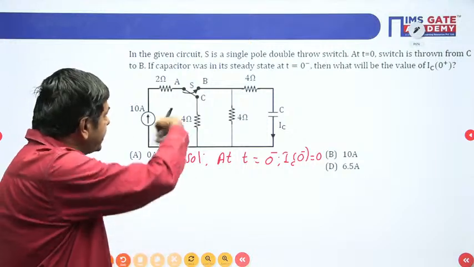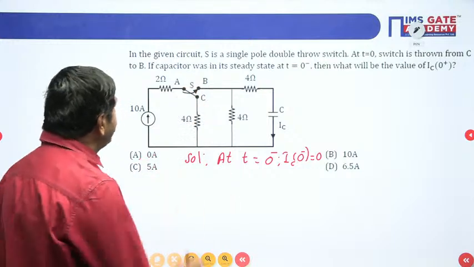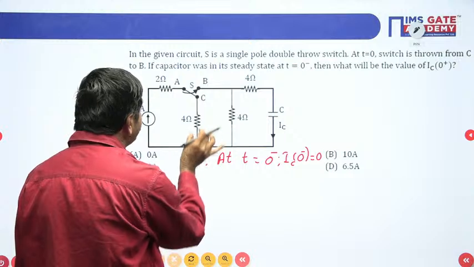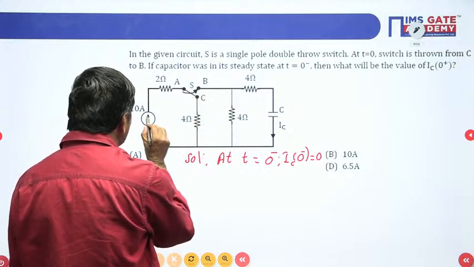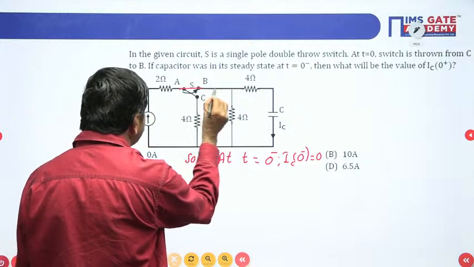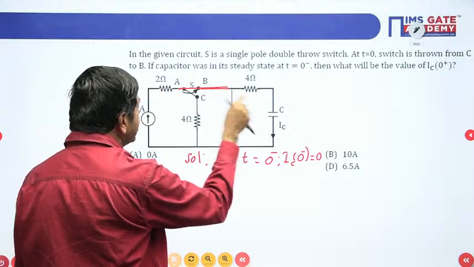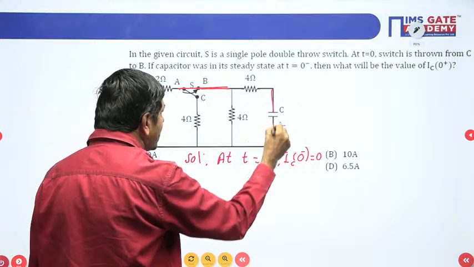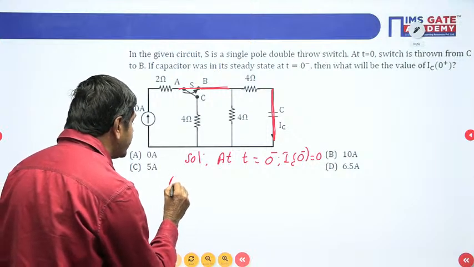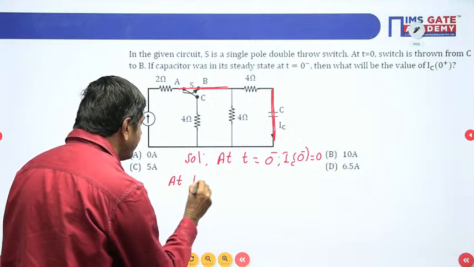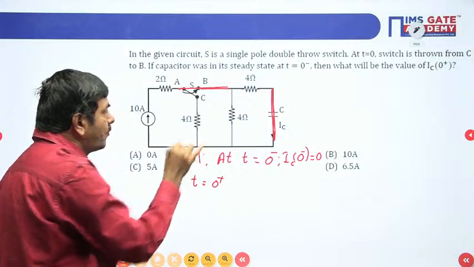Now the switch is shifted to point B at t equal to 0 plus. At t equal to 0 plus, this contact is removed totally. Thus the total 10 ampere is going to flow this side only. At the time this 10 amperes will pass, the capacitor acts as a short circuit at t equal to 0 plus. There is no contact to the 4 ohm.